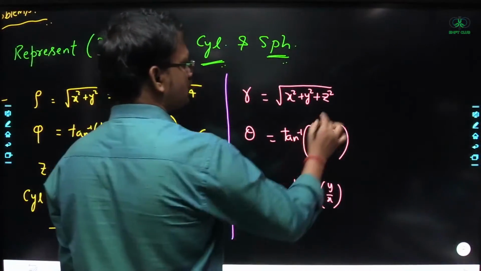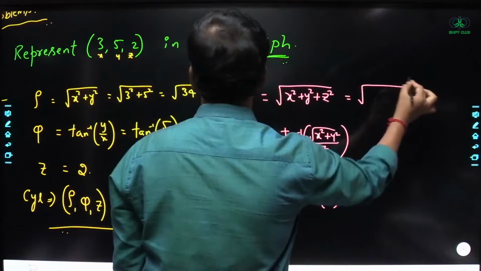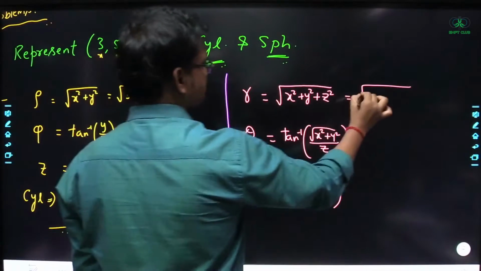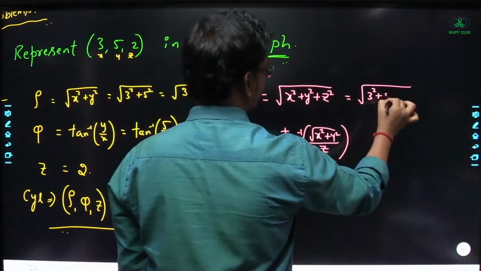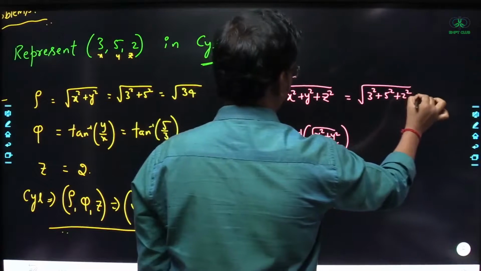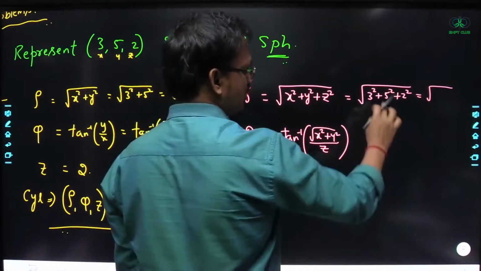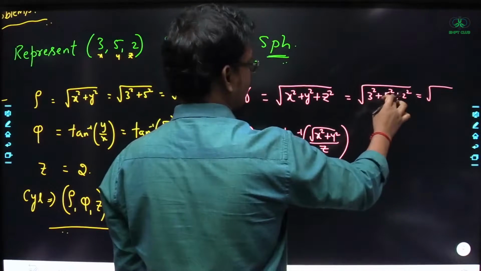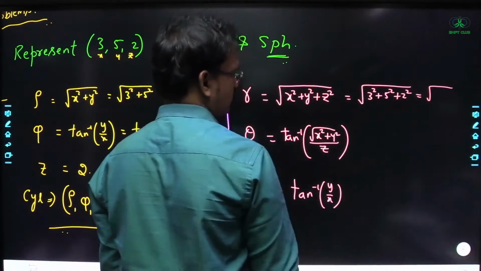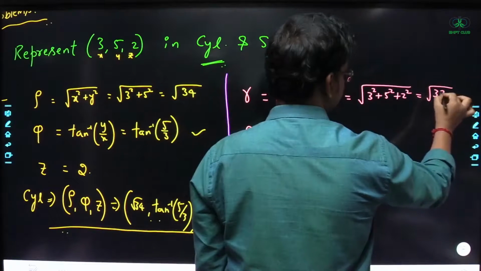So if you do this, what are you going to get? Square root of 3 square plus 5 square plus 2 square, which is the square root of 9 plus 25, that is 34, plus 4 is 38, so root 38.